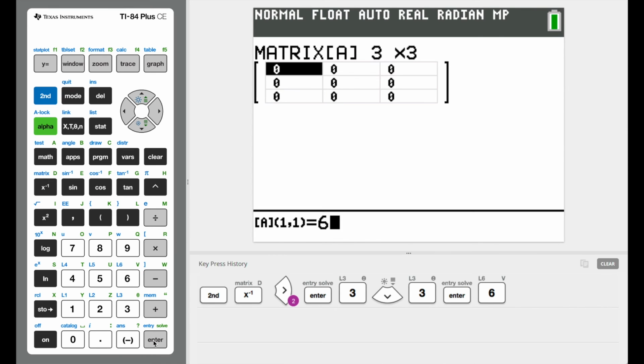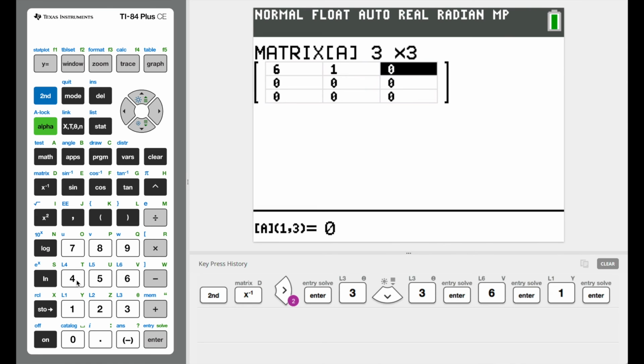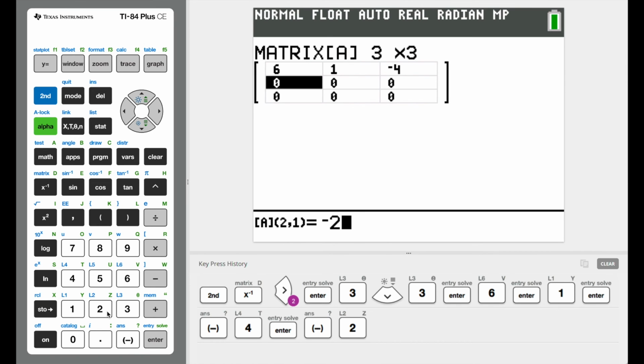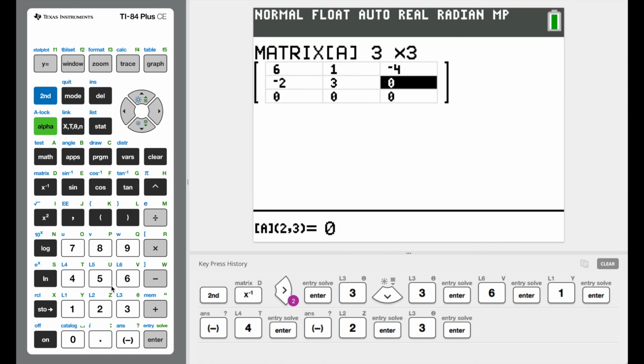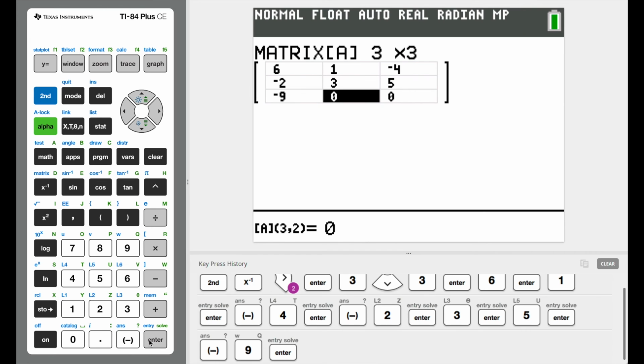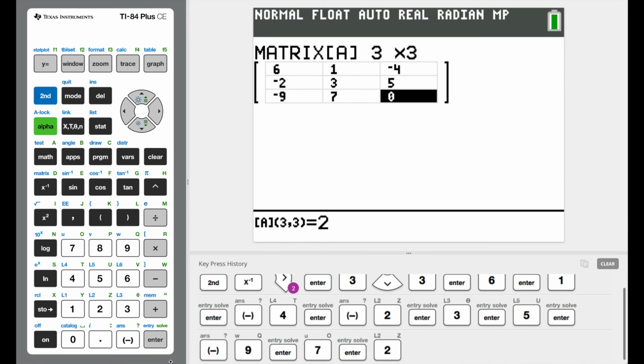So it was 6, enter, 1, enter, negative 4, enter, negative 2, enter, 3, enter, 5, enter, negative 9, enter, 7, enter, 2, enter.